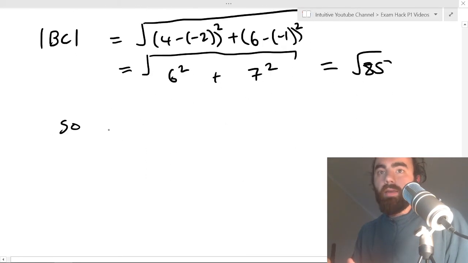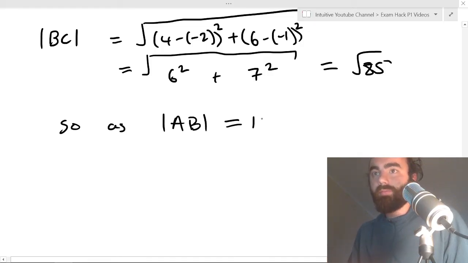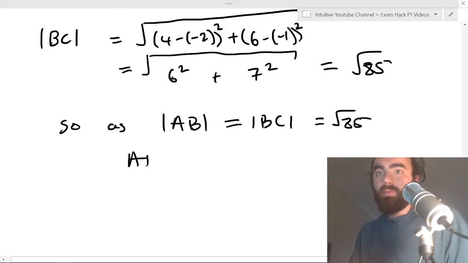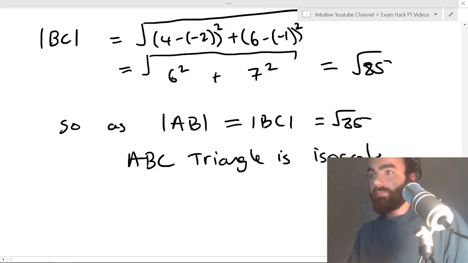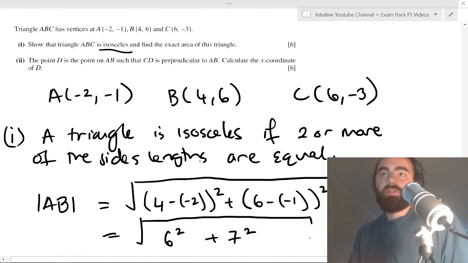So, as AB length equals BC length, which both equal the square root of 85, the triangle ABC is isosceles.